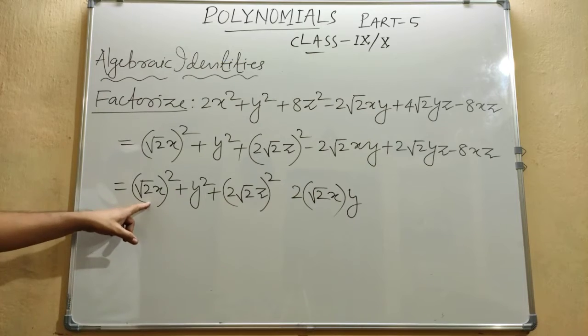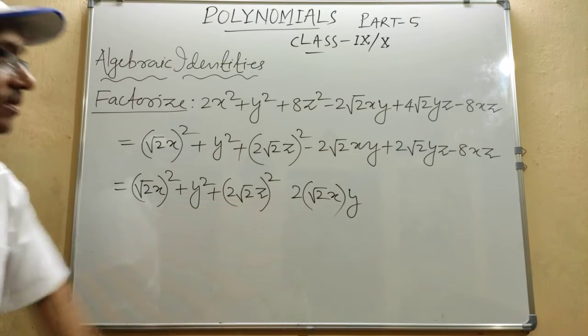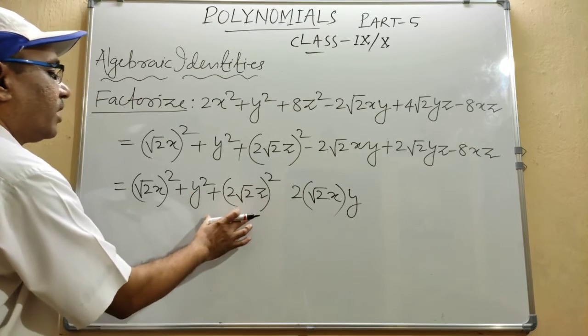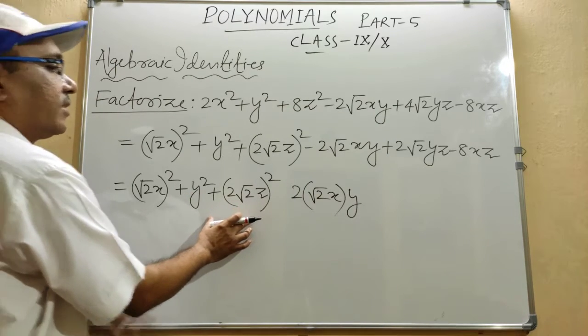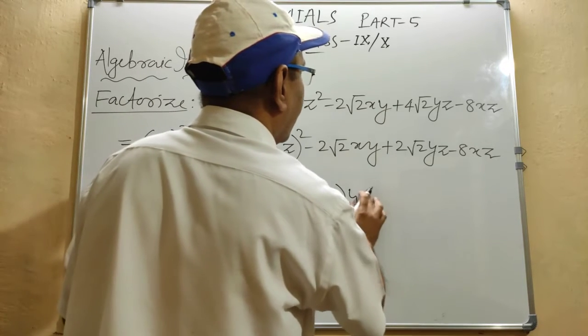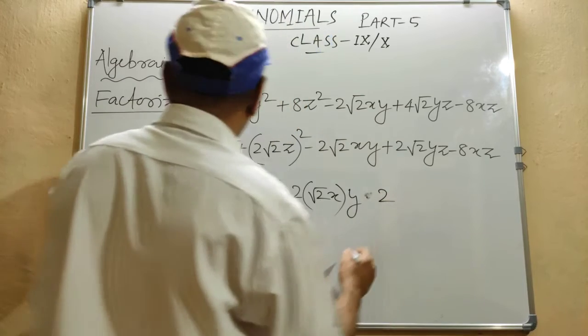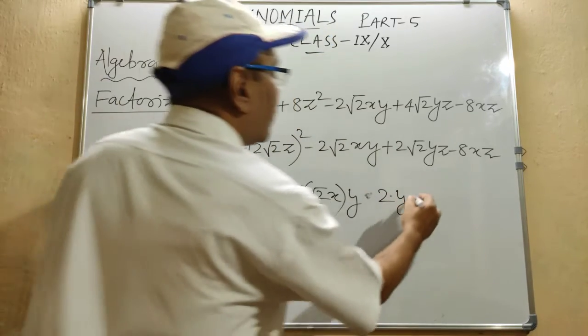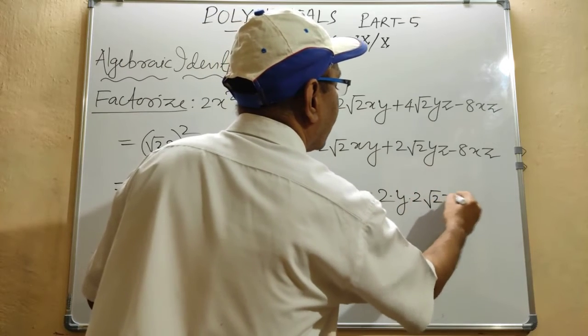So it is a square, b square, it is 2ab, and here it is yz. Yz means it will come as 2bc. So can you write it? Sign will be later on. 2bc. b means our y, and c means 2 root 2 z.